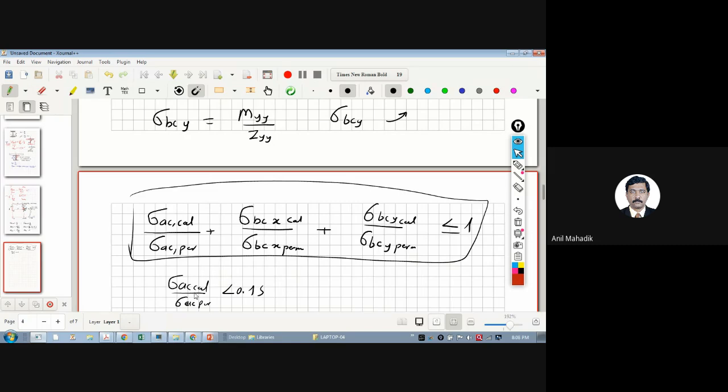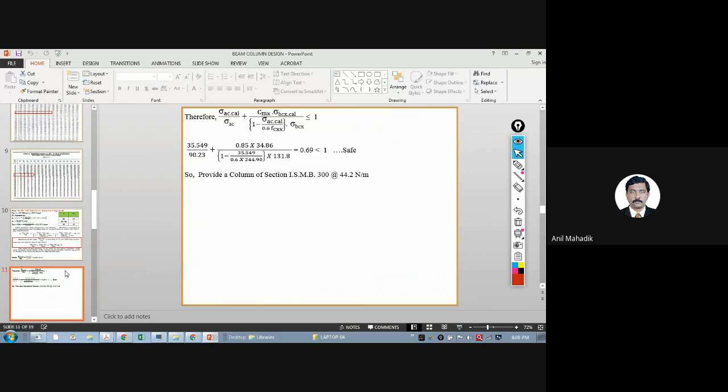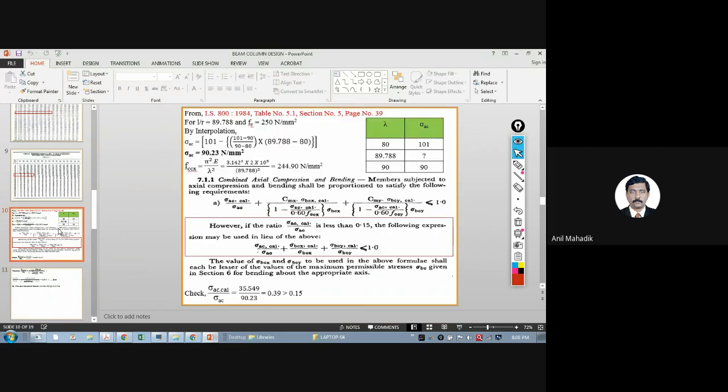If it is less than 0.15, then you can use this formula. And if it is more than that, then you can go with this formula as per the code. So this Cmx and all these parameters are given here. You just refer to this. This is self-explanatory, and you put the values. Got it? So I hope all of you got the design concept of the design of beam column. Yes, sir.